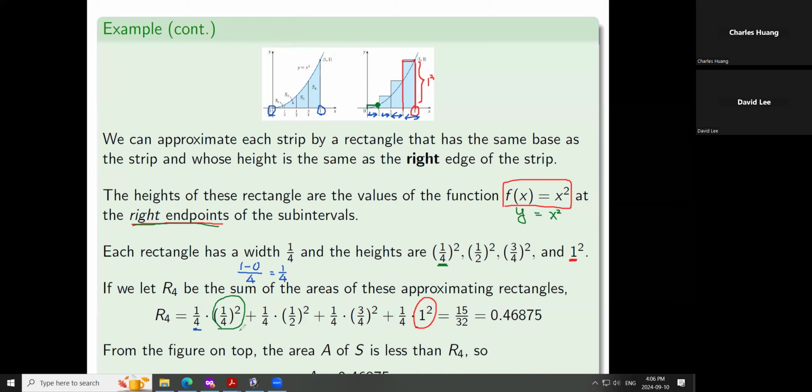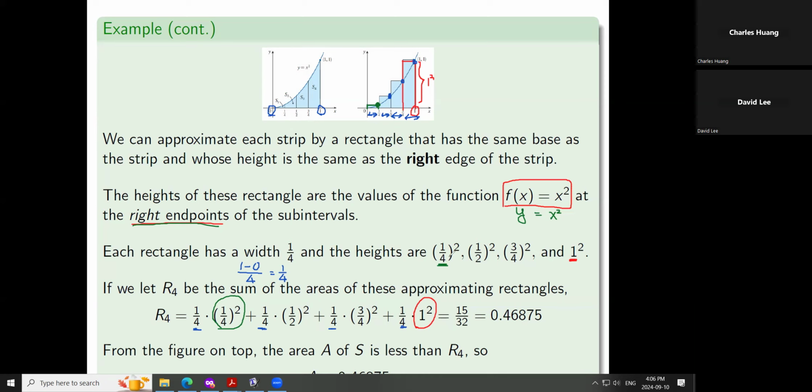And you'll notice that for us to find the area of each of these little rectangles, I'm going to take the width, 1/4 in this case, multiply by the height, and the height will be the y value. So the height will be the y value here, and for the second rectangle, third rectangle, and for the fourth rectangle up on the top.